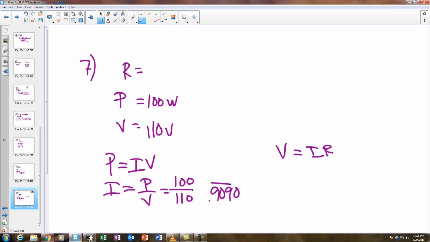Then I say that 110 volts equals 0.9090 times R. If I divide that off, 110 divided by that previous answer is 121. So the resistance would have to be 121 ohms.